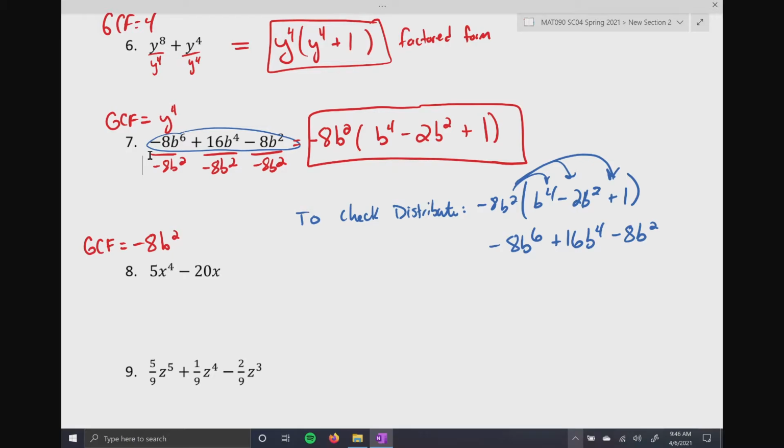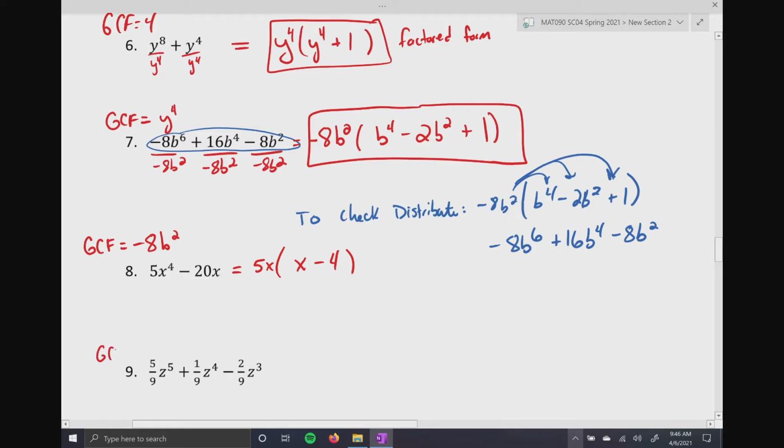Okay. Can somebody just give me the factored answer? 5x, parenthesis, x to the third minus 4. I love it. Good job. Perfect. Let's understand how we got that now.